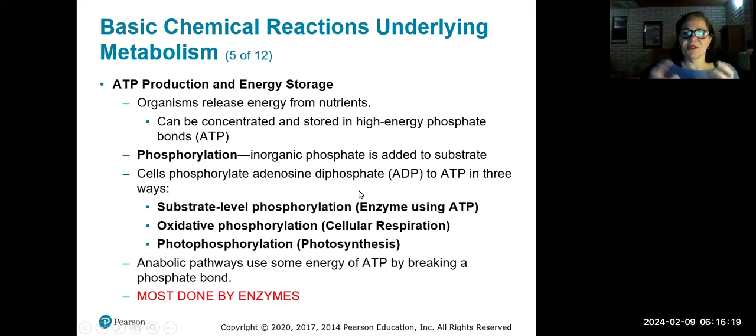There's an enzyme involved and it's helping us to put this phosphate group directly onto another molecule, so substrate. In contrast, when we say oxidative phosphorylation, that refers to what's happening when we do cellular respiration.